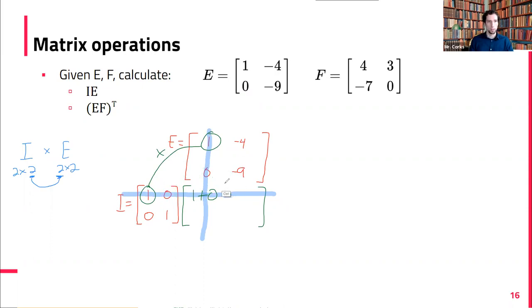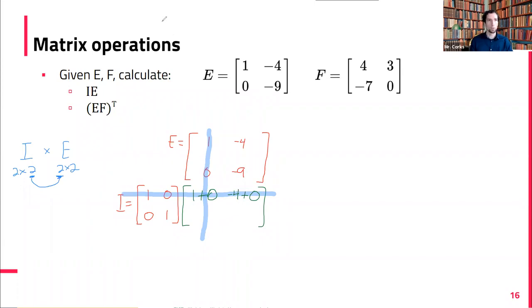Okay, let's erase. That's our next position here. What will we have? -4 plus 0. Okay, so -4 times 1, so -4 plus 0 times -9, that's just 0, so there.